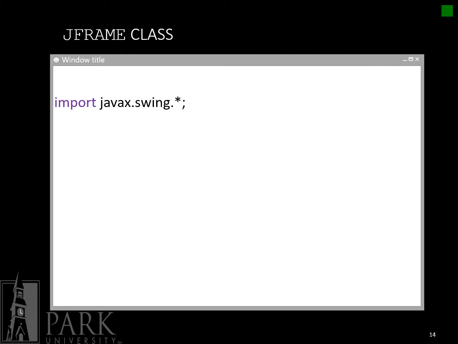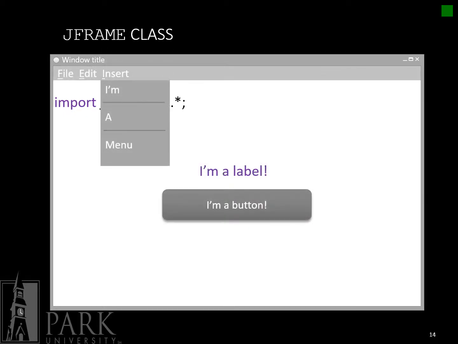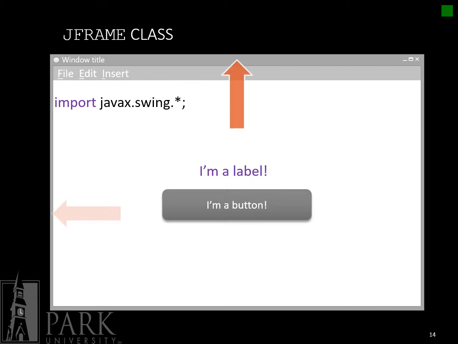The JFrame class is called a container class because it contains things like labels and buttons and menus, right? And the JFrame is derived from the Container class. Additionally, it implements all of the standard window features such as a border, a title bar, minimize, maximize and close window buttons, and the ability to resize the window.